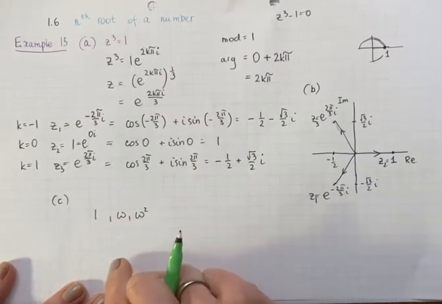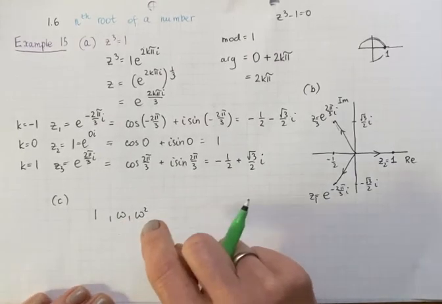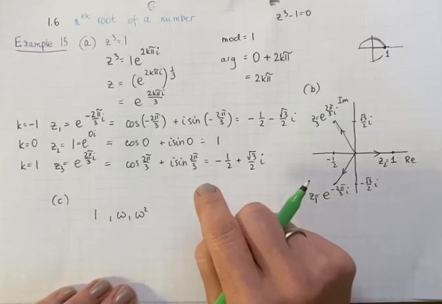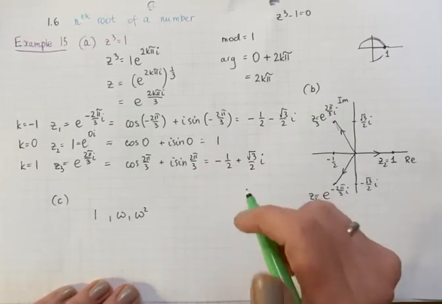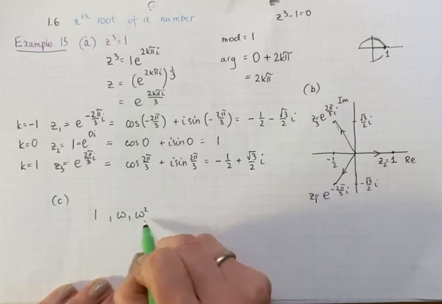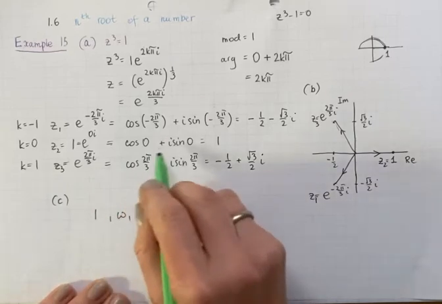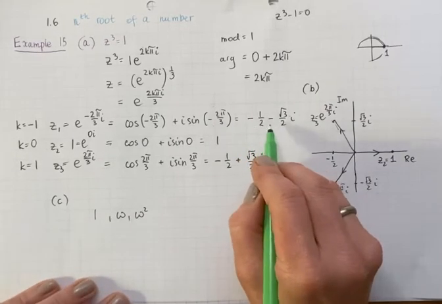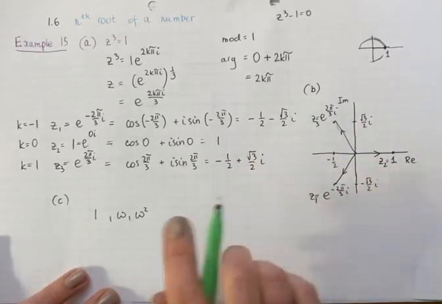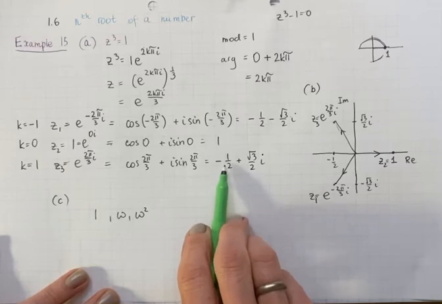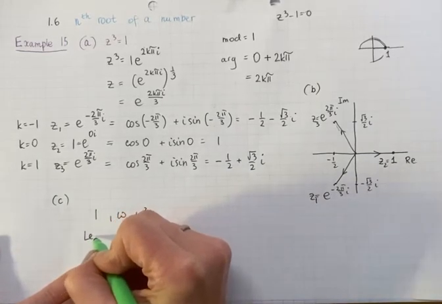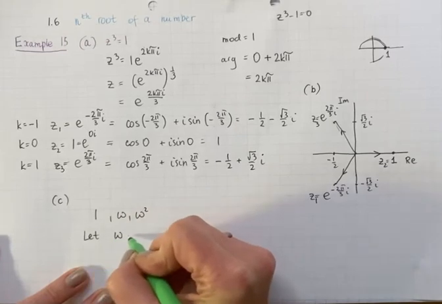They do like this notation of omega for one of those roots, and then omega squared will be the other root, as we will see in a second. So let's check the fact. So if we say 1, we already have 1. If we say omega is going to be minus a half minus root 3 over 2 i, or if you pick omega is equal to minus a half plus root 3 over 2 i, it doesn't really matter. So it should work out both ways.